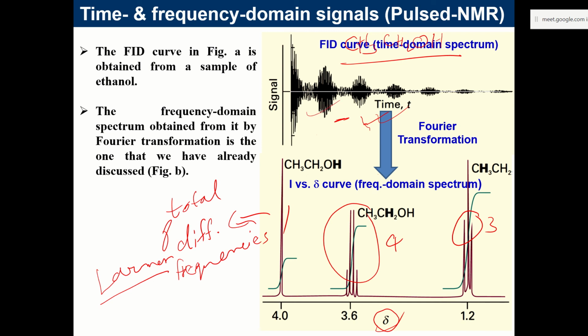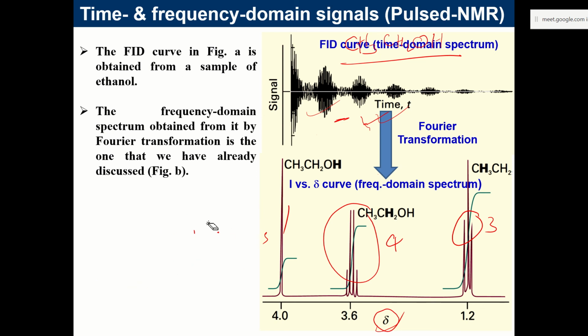This mixture of the different radio waves has to be separated through Fourier transformation, and then we get this kind of spectrum. It looks very complicated, and as the molecule becomes bigger, you have more such interactions, and you need to separate all of them well. Eight different Larmor frequencies were there in the molecule, and so you had such a difficult time.